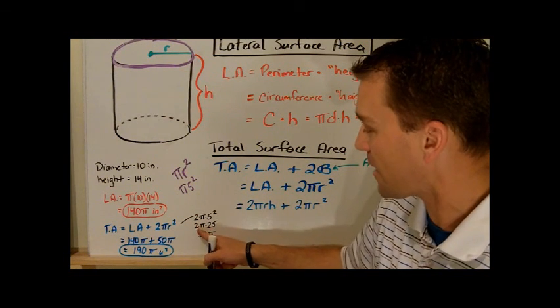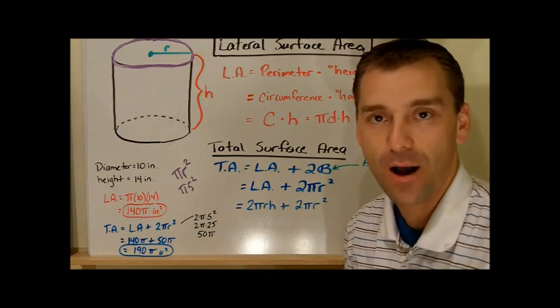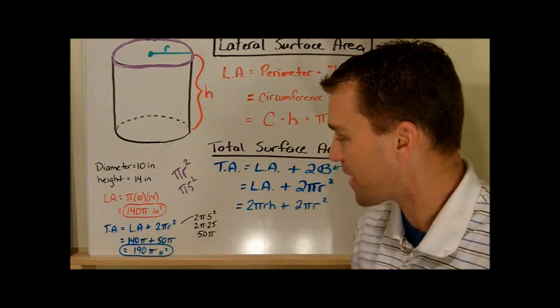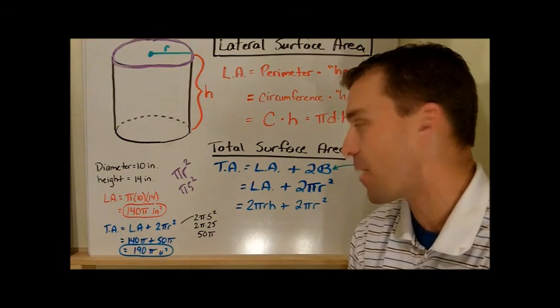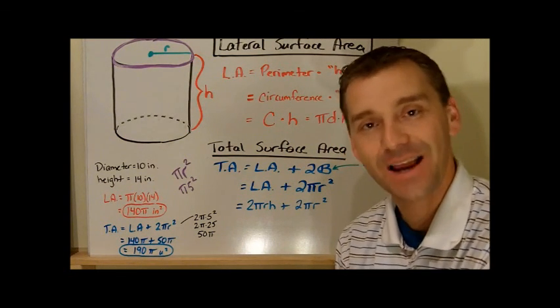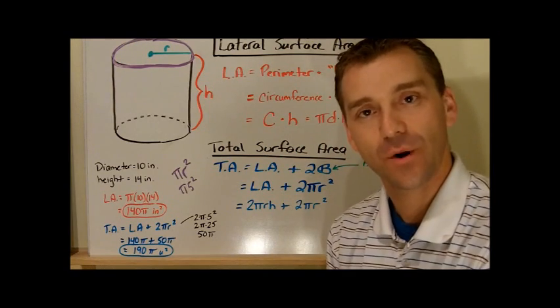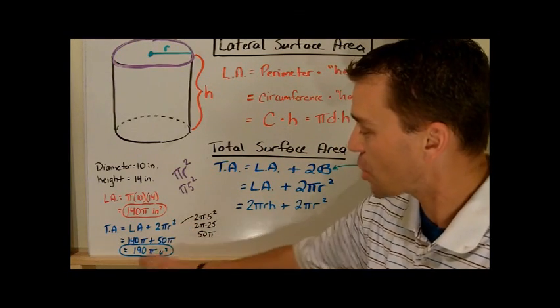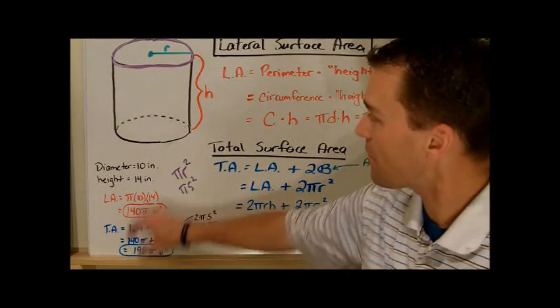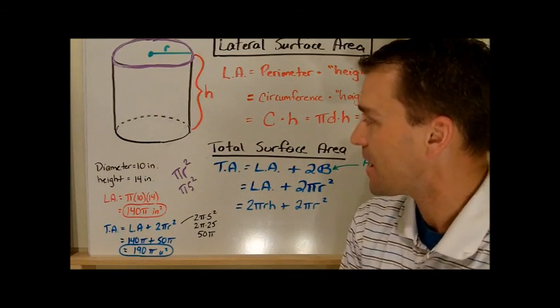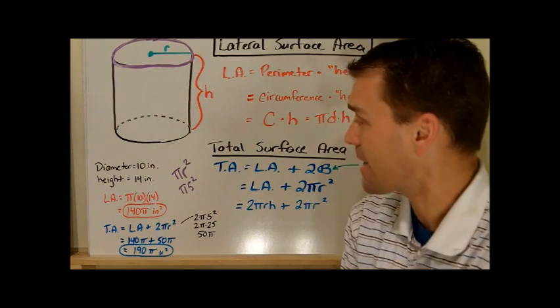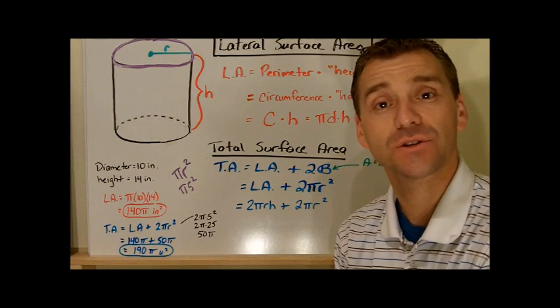I take 2 times that, like I did right here, and I get 50 pi. So I add those two numbers together, 140 pi plus 50 pi, which gives me 190 pi units squared. So there is the total surface area of that particular cylinder, if it had a diameter of 10 and a height of 14 inches.